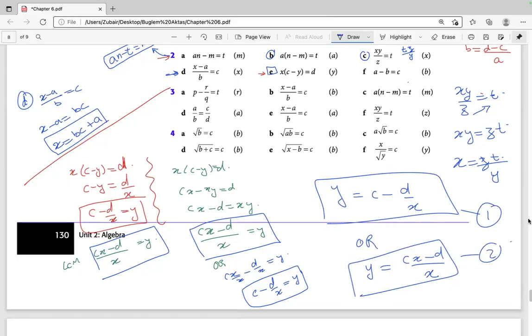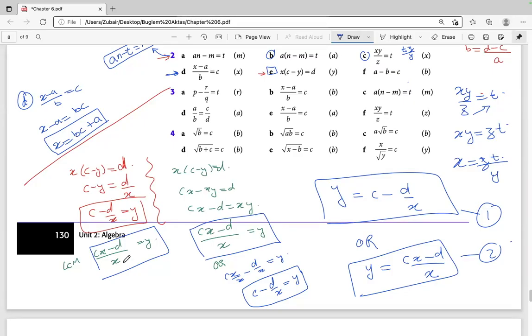Look at this: the question is X into C minus Y equals D. So I just took X on the other side and then brought D minus X to the left and took Y on the other side. So that's the answer. That's one. And if we take LCM, that's the second option.